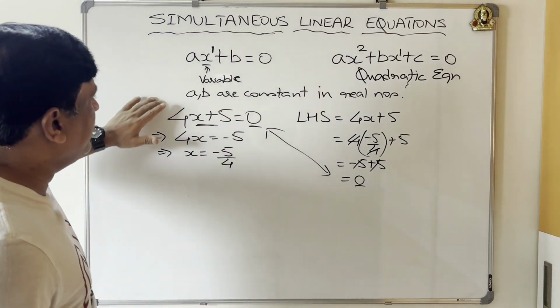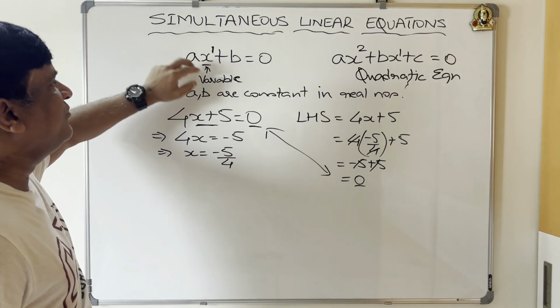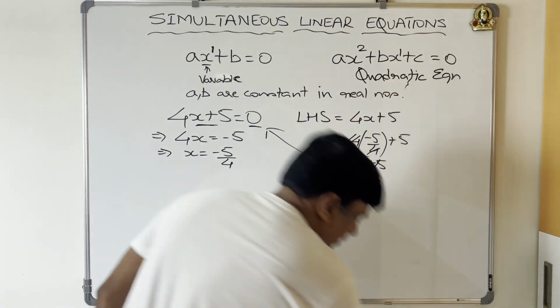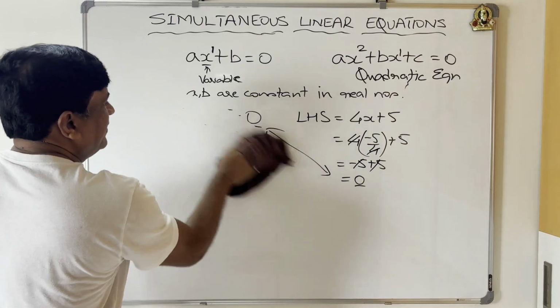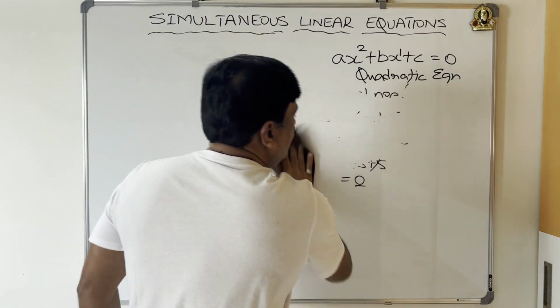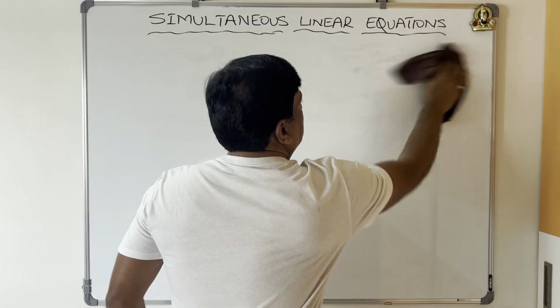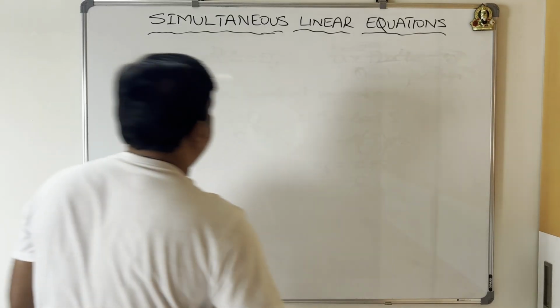So this is what you have studied: equations which have only one variable. Now we'll move to the next one, where you will have two variables. There will be linear equations where you have two variables. How do we represent that?